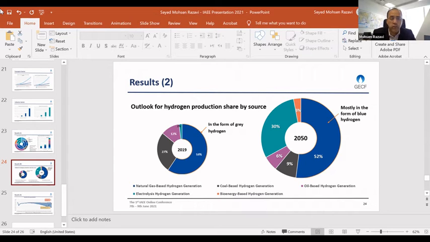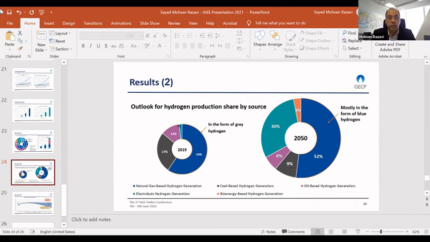But we don't forget that the only complete hydrogen supply chain project now, in Latrobe Valley in Australia, is based on gasification of coal. So coal cannot be omitted completely for the production of hydrogen. In Latrobe Valley, hydrogen produced from coal implementing CCUS, which is again a kind of blue hydrogen, is going to be liquefied and shipped by marine route to Japan.